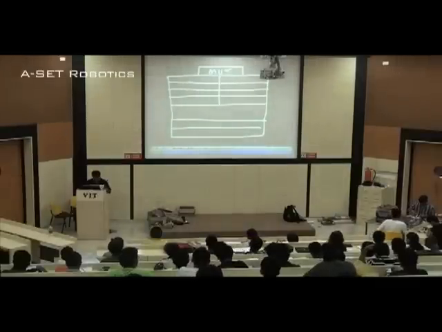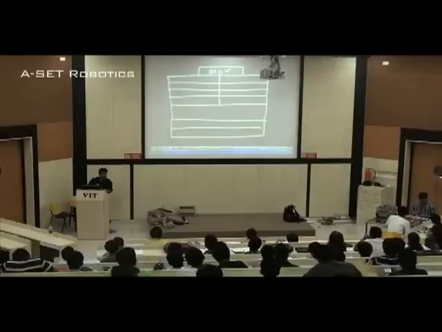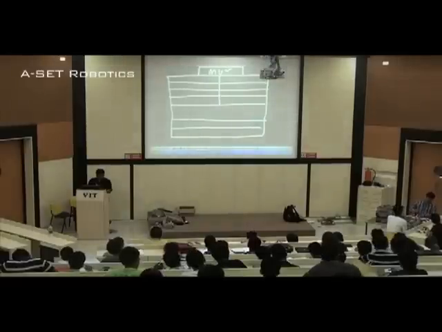This is the multiplexer, I've written it MUX. This is the symbol of the multiplexer. You always write it as MUX.